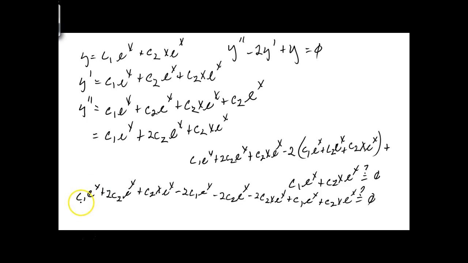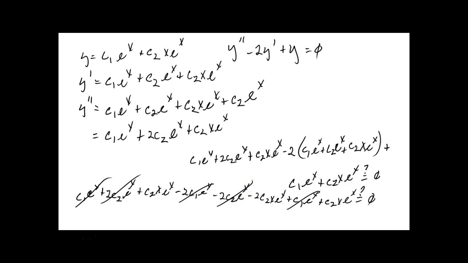Here's a C1 e to the x. There's a minus 2C1 e to the x. That gives you a minus C1 e to the x plus C1 e to the x. Sure enough, the 2 pluses and the minus 2 minus, those add to 0, right? Let's see about the C2 e to the x. There's a plus C2 e to the x, a minus C2 e to the x.